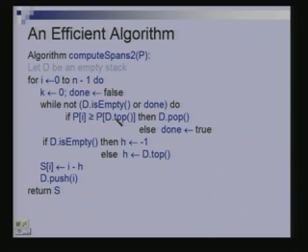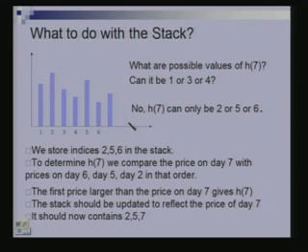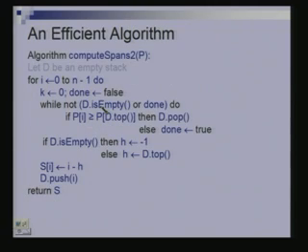If it is less than the price on the top of the stack, then what happens? Recall the previous picture. On the top of the stack we had 2, 5 and 6. If this bar was less than 6, then it is just what is there on the top. Then we are done. The index on the top of the stack will give me my h value.